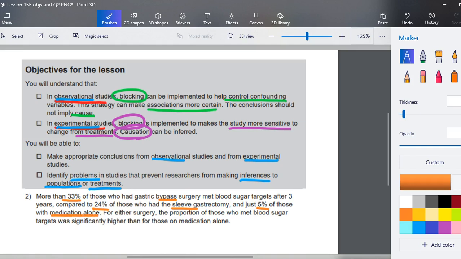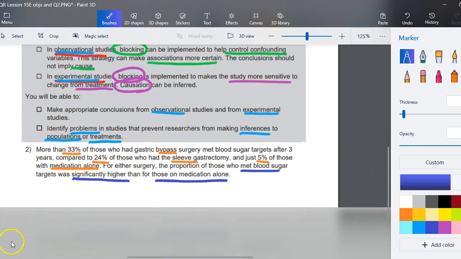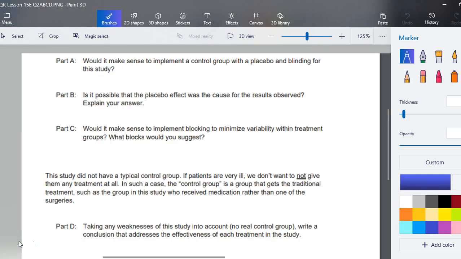For either surgery, the proportion of those who met blood sugar targets was significantly higher than those on medication alone. So in these questions, make sure you're spending time thinking and pondering information before you listen to the video, especially like on this first one.